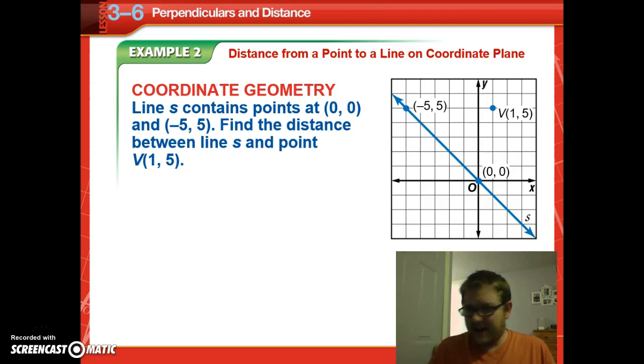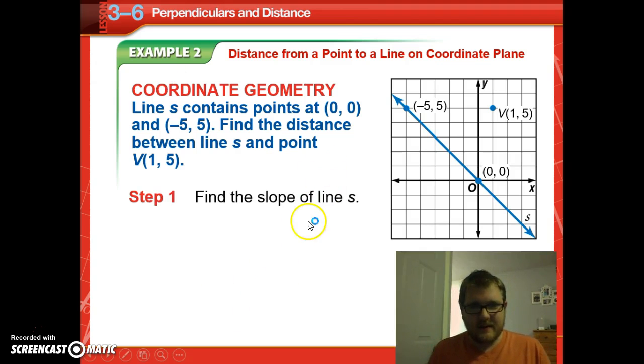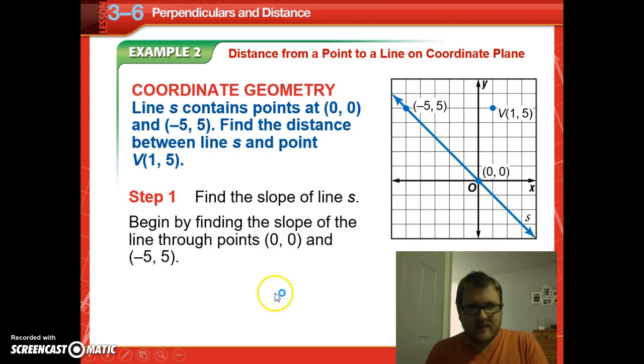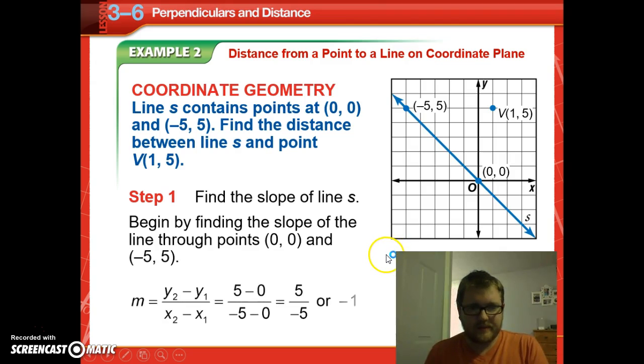In order to do that, we're going to need to find, first of all, the slope of line S, the line that goes through (0, 0) and (-5, 5). So we get the change in y, which is essentially up 5. We get the change in x, which is essentially to the left 5. So we have 5 over -5. The slope of this line is -1.